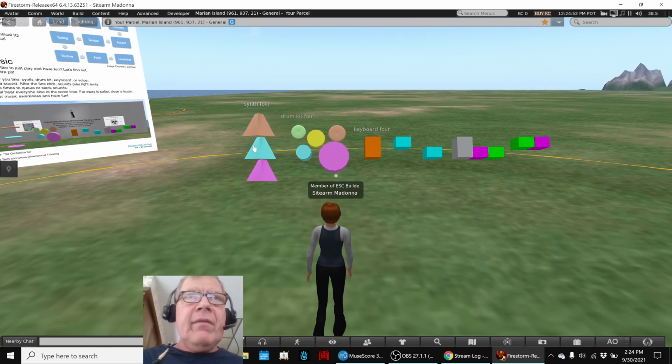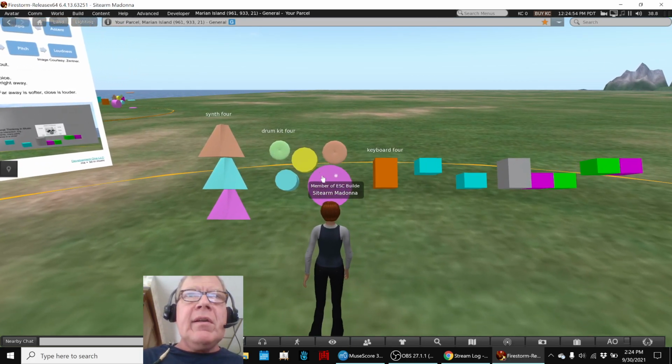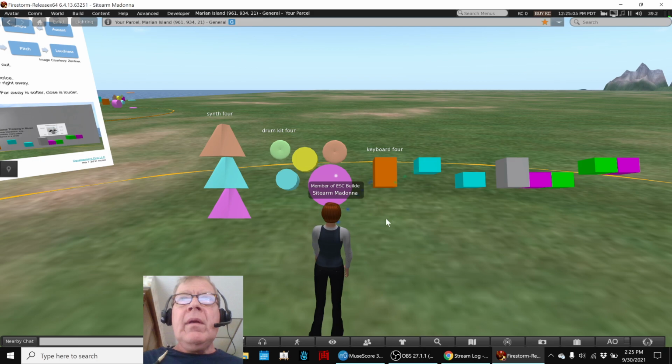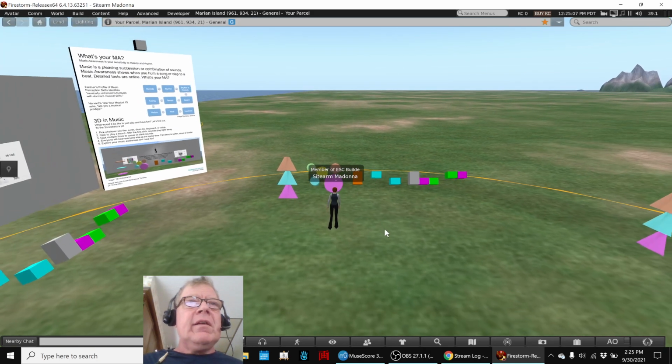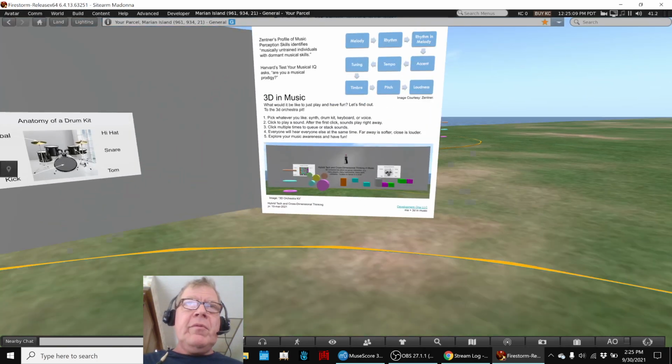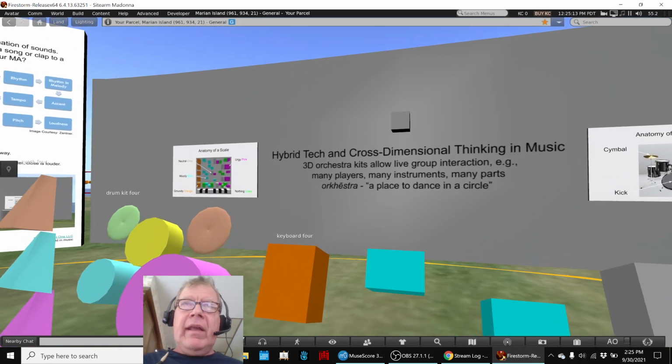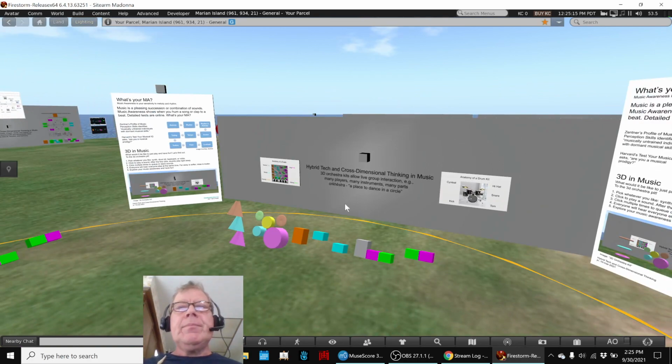And then we have the drum as usual, and then a selected pentatonic scale keyboard. And we have appropriate instructions for what to do and a label on what's happening here. So that concludes today's stream.